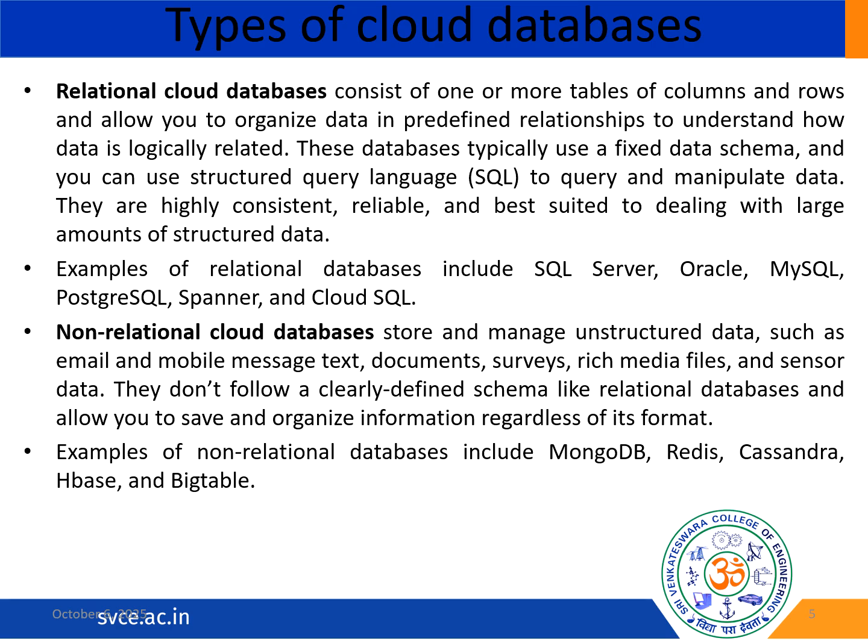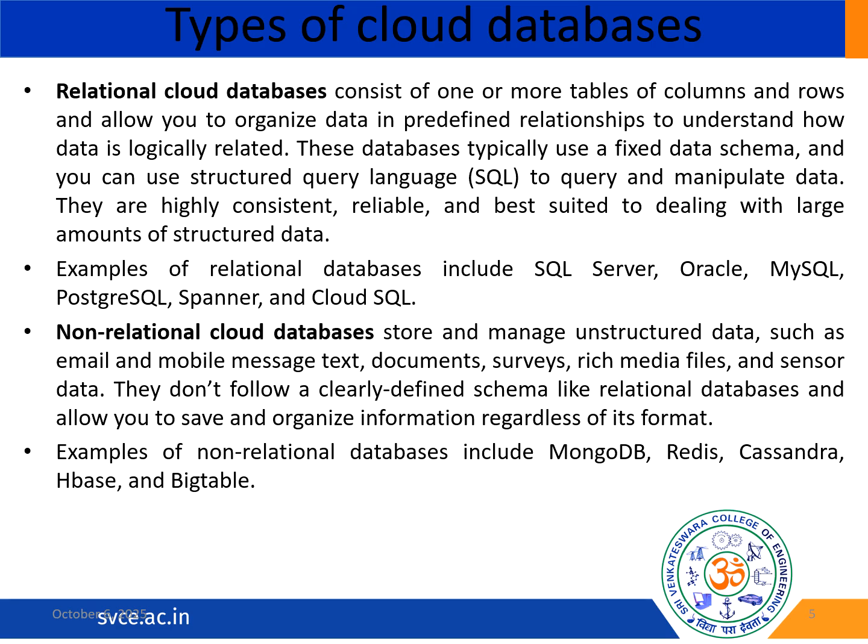They are highly consistent, reliable, and best suited to deal with large amounts of structured data. Examples of relational cloud databases are SQL Server, Oracle, MySQL, Spanner, Cloud SQL, and so on. Non-relational cloud databases include MongoDB, Redis, Cassandra, HBase, and Bigtable.